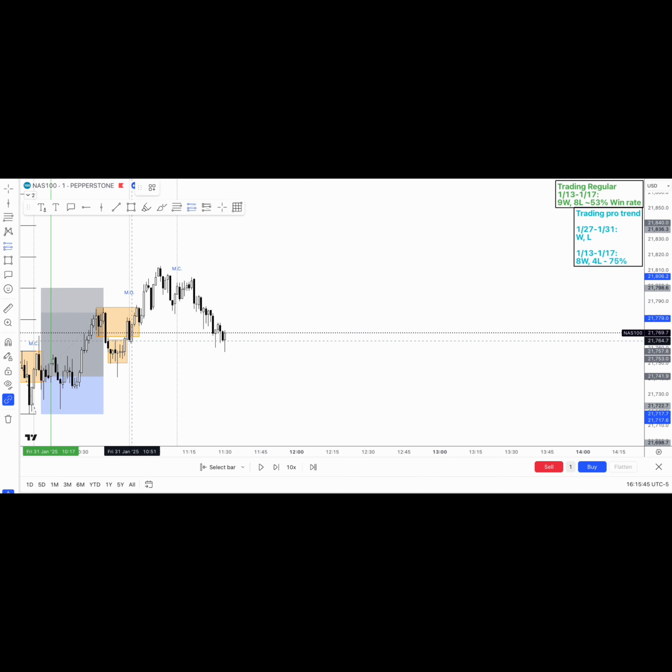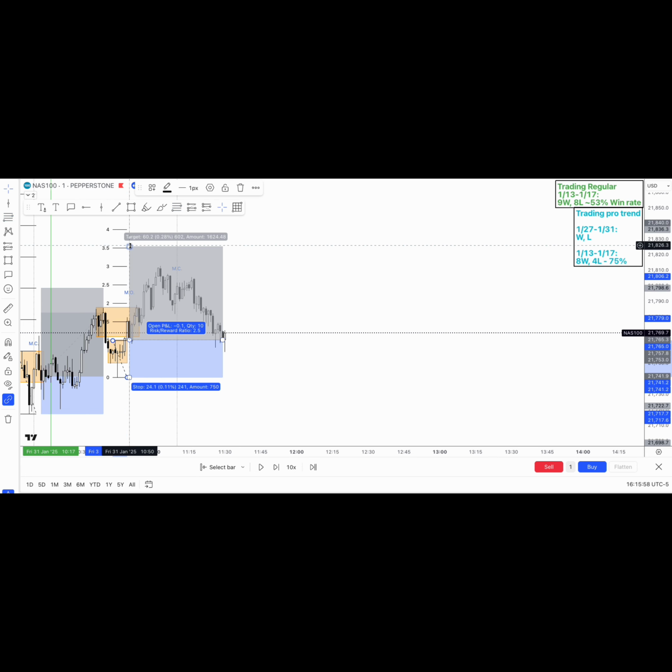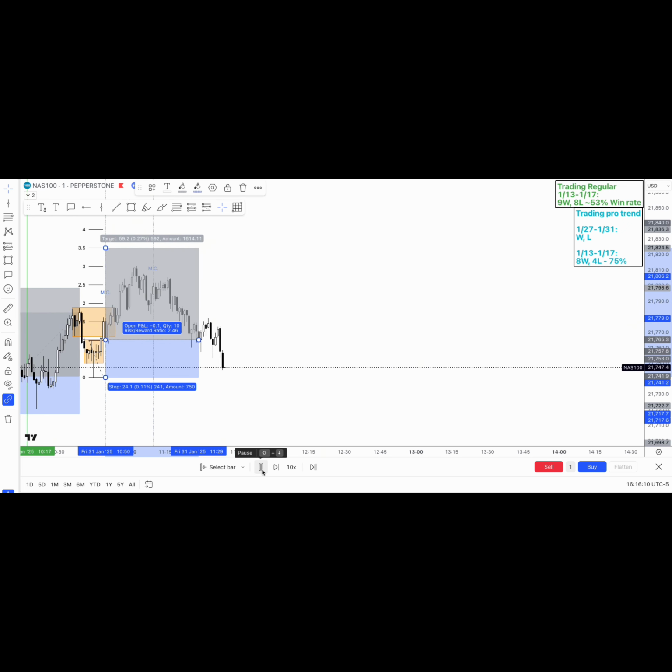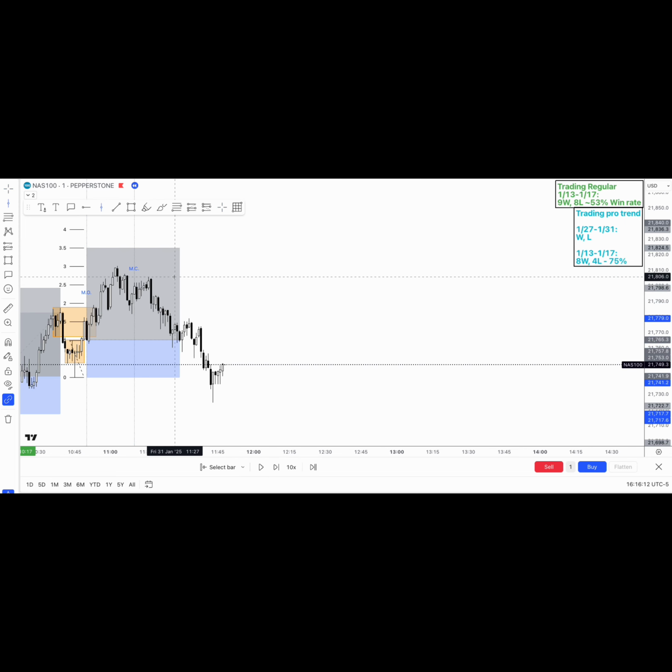I prefer the lower trades, smaller ranges as possible for the trade to travel. Yeah, so looks like this would have just missed take profit. So that would have been just a valid loss.